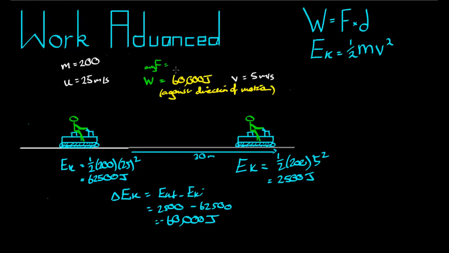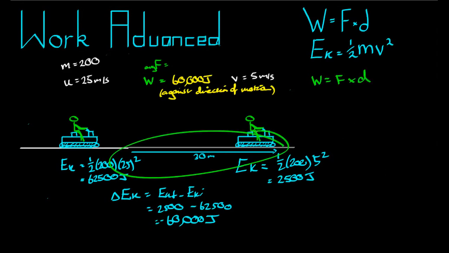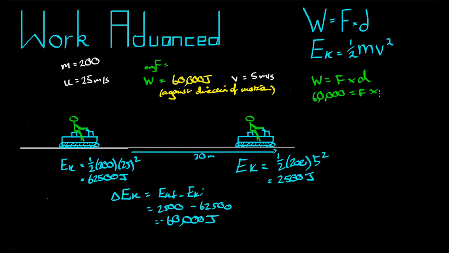And that work must have been made up of the friction force acting over the distance in which it's slowing down. So 60,000 is equal to the average force times that distance, which was 30 meters. So 60,000 divided by 30 is 2,000 newtons. 2,000 newtons there.